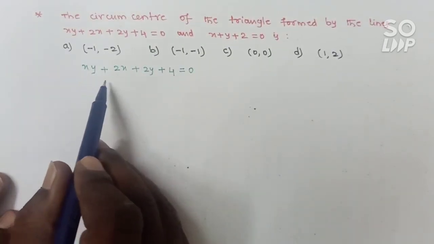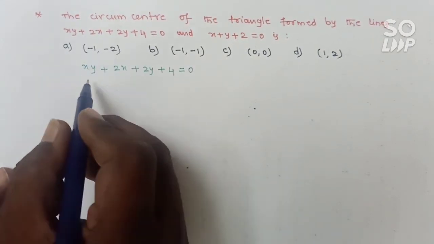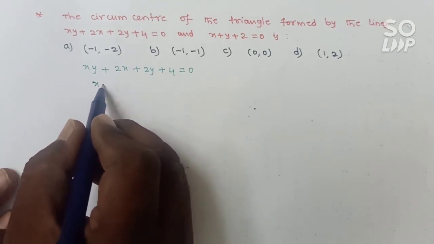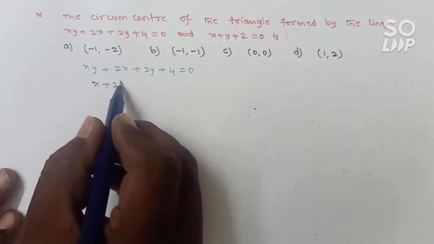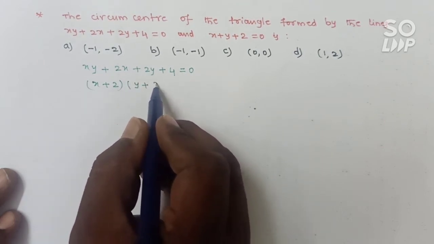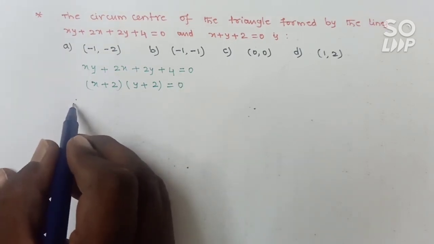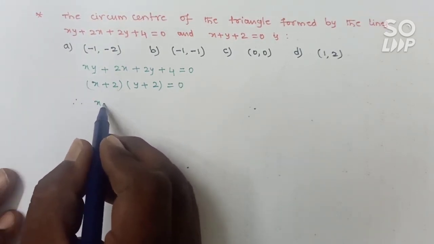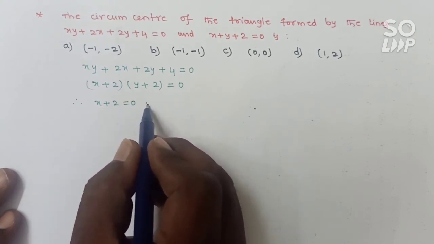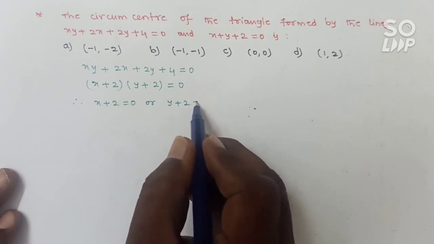Then this equation will represent two perpendicular lines. What are those lines? These lines will be (x plus 2)(y plus 2) is equal to 0. These are the factors. Therefore, one line will be x plus 2 is equal to 0, or another line is y plus 2 is equal to 0.